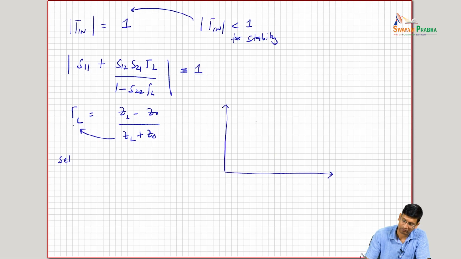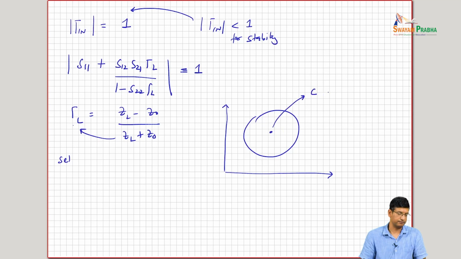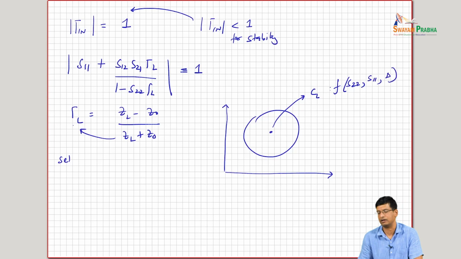These are circles where the center point, you can actually find all of these in the literature, is basically a function of S22, S11 and the delta, the determinant of your S parameters, and similarly there is a radius associated with it, okay?